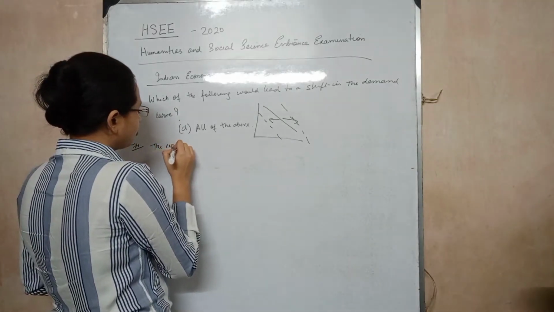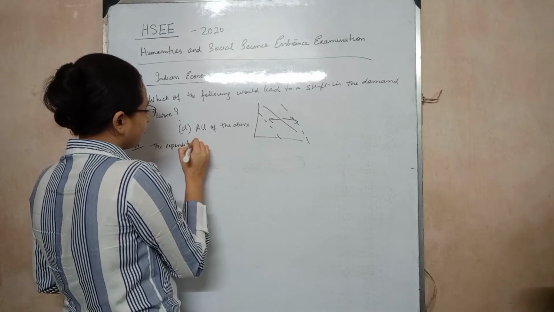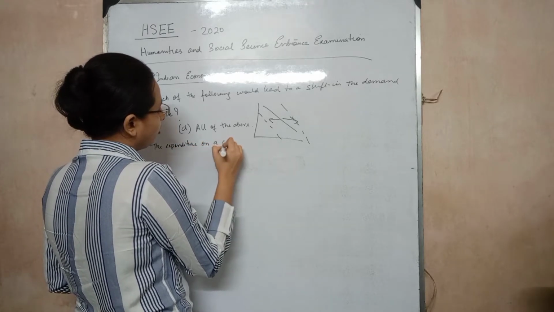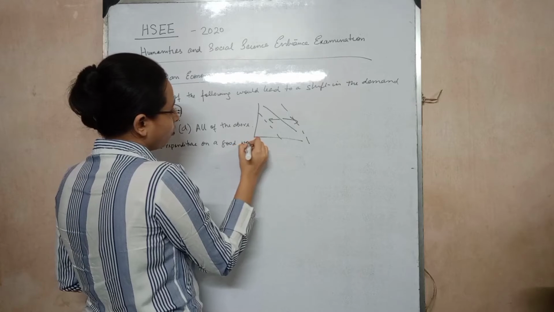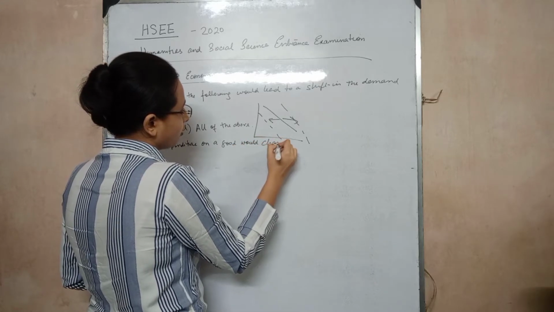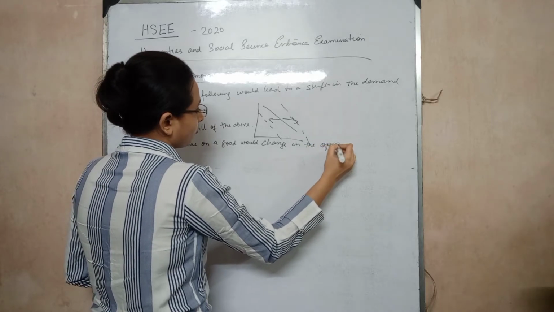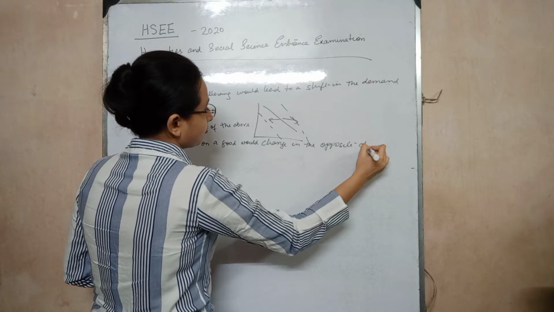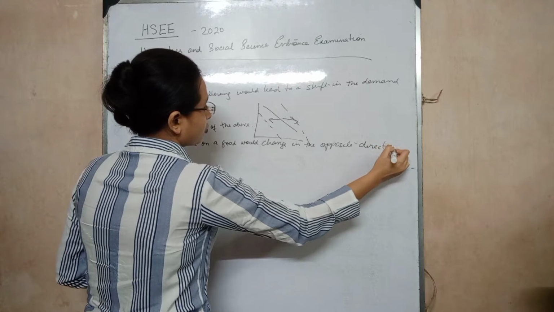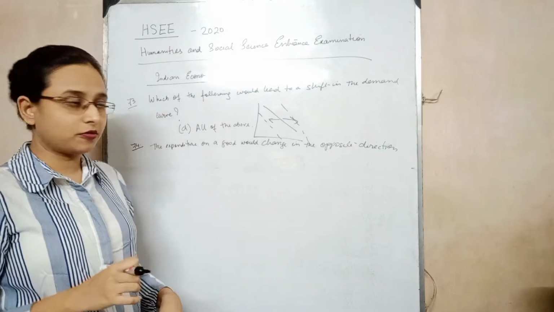The expenditure on a good would change in the opposite direction. This is half part of the question.